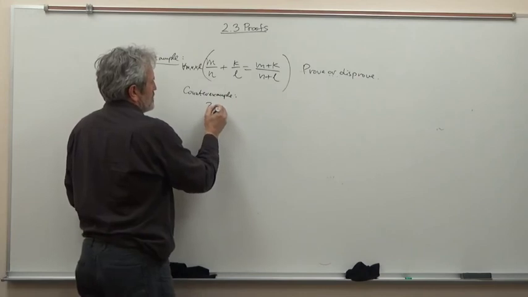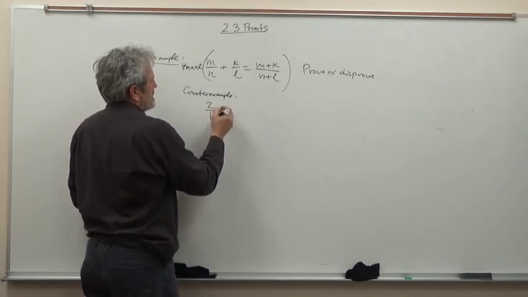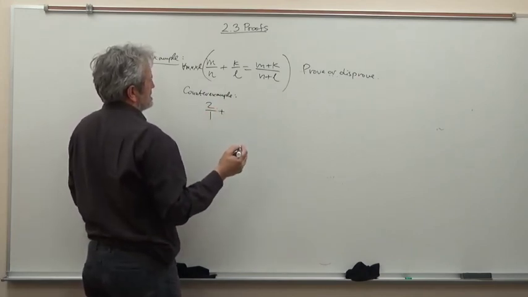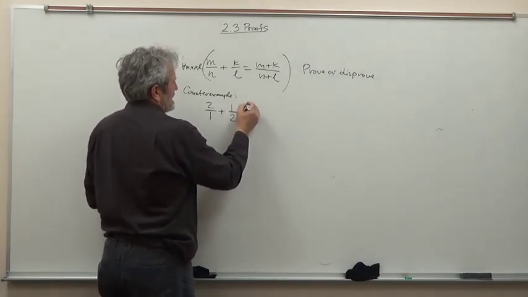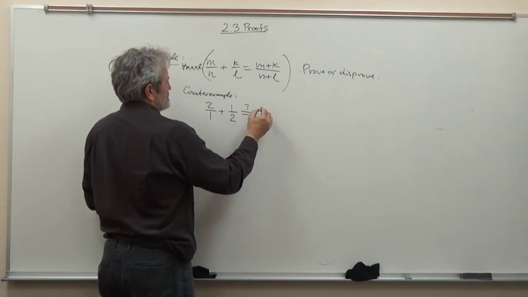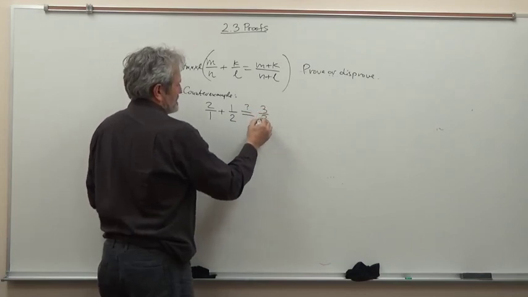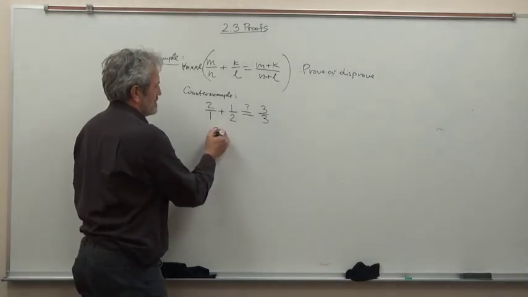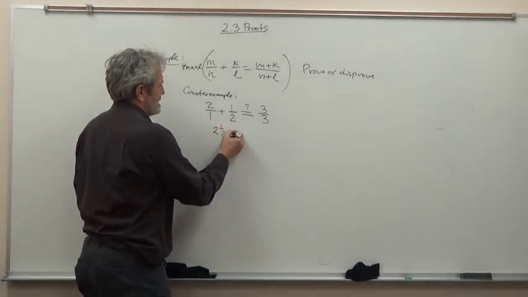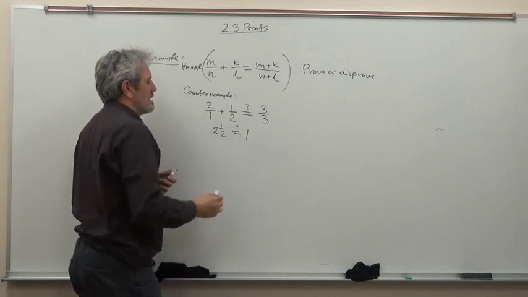So let's say 2 over 1 plus 1 over 2, and I'll ask, is that equal to 3 over 3? Because when you add numerators and denominators, you get 3 over 3. Obviously, on the left side we get 2.5, and on the right side we get 1.